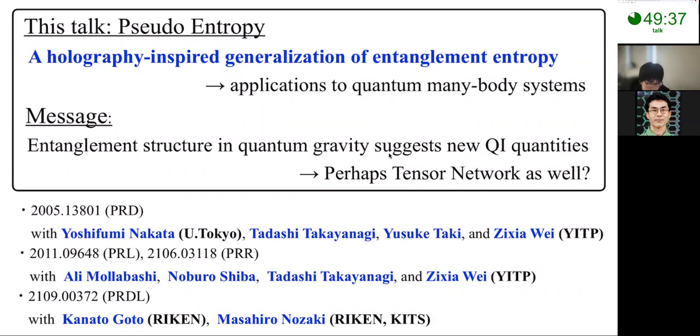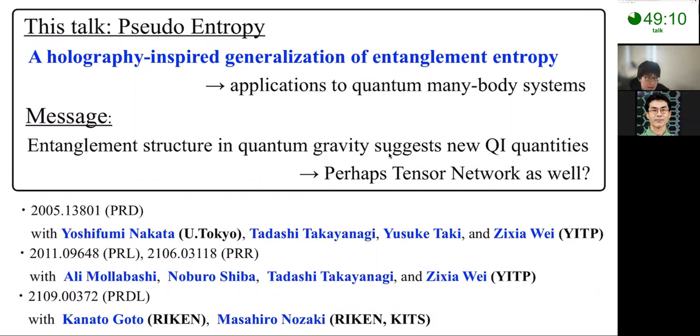The main message of this talk is that we can find such a generalization, pseudo entropy or something other, from some natural argument within gravity. And as I will tell you later, we can see a very nice correspondence between tensor networks and gravity in AdS.